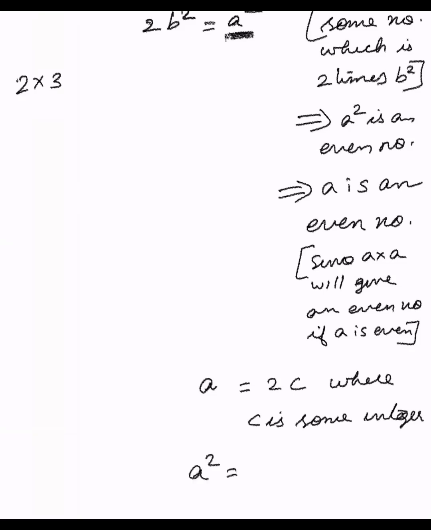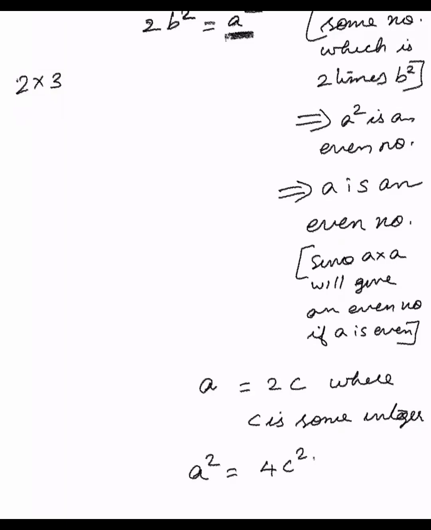What will be a square? It is going to be 4c square. Okay, a equal to 2c.